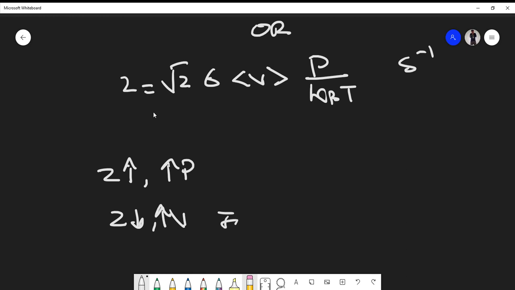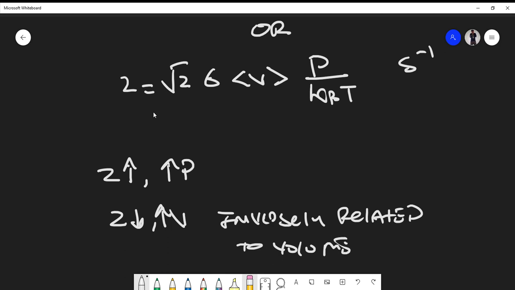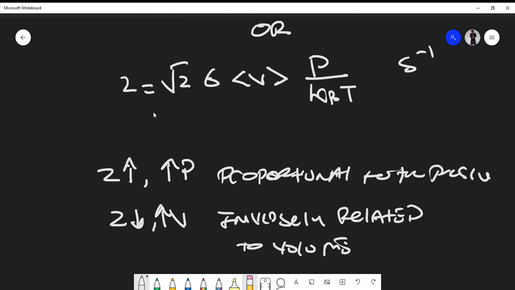So the collision frequency Z is proportional to the pressure, and they're inversely related to the volume.